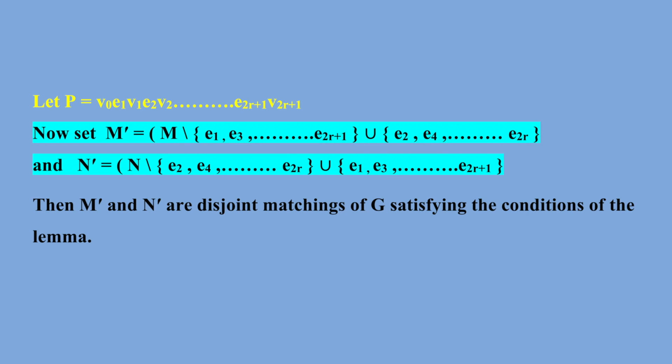Now set M dash equal to M minus E1, E3, etc., E2r plus 1, union E2, E4, etc., E2r, and N dash equal to N minus E2, E4, etc., E2r, union E1, E3, etc., E2r plus 1. Then M dash and N dash are disjoint matchings of G satisfying the conditions of the lemma.